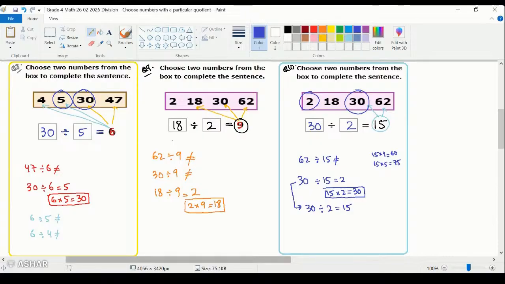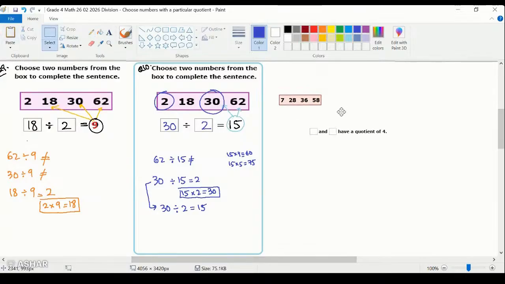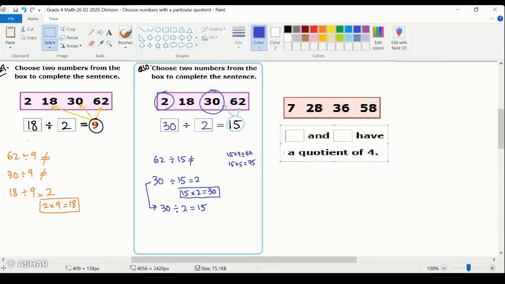For question number 11, it says if the given numbers are these two and the given statement is this, what they want us to do is find the two numbers which have a quotient of 4. Let's try to find them from the given numbers.